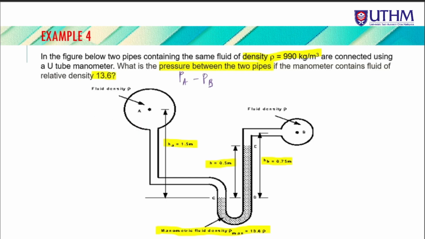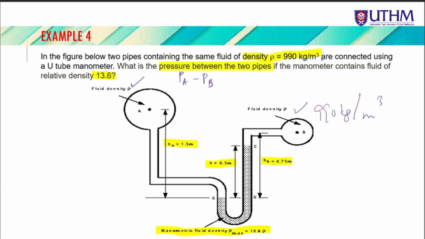Okay, alright, next we go to another question, which is example 4. In the figure below, two pipes contain the same fluid density. Okay, both have the same density, meaning this and this are 990 kg per meter cube.